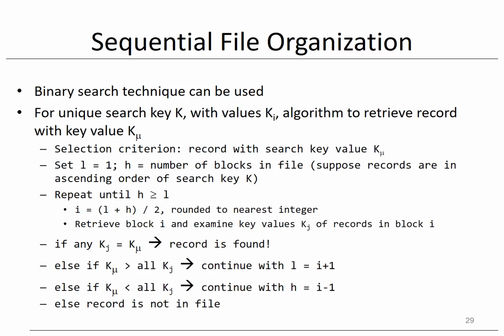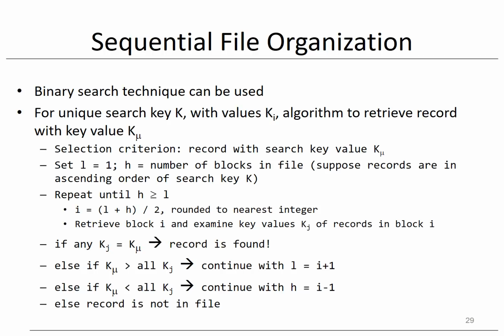For a unique search key k with values ki, the algorithm to retrieve a record with key value k mu is as follows. First, selection criterion: record with search key value k mu. Set L equals 1, H equals the number of blocks in the file, and suppose the records are in ascending order of the search key k. Then repeat until H is bigger than or equal to L. I becomes (L plus H) divided by 2, rounded to the nearest integer.